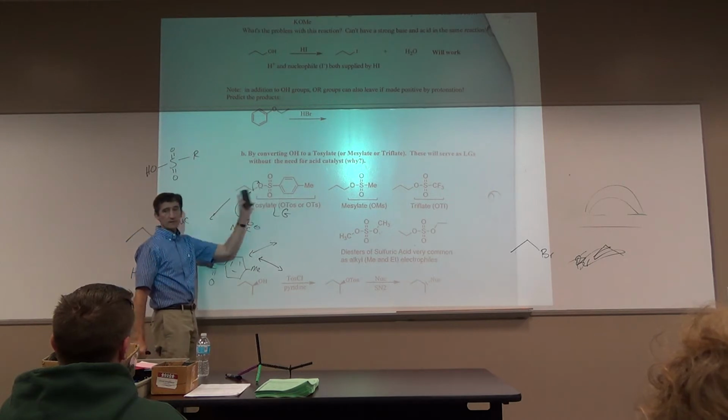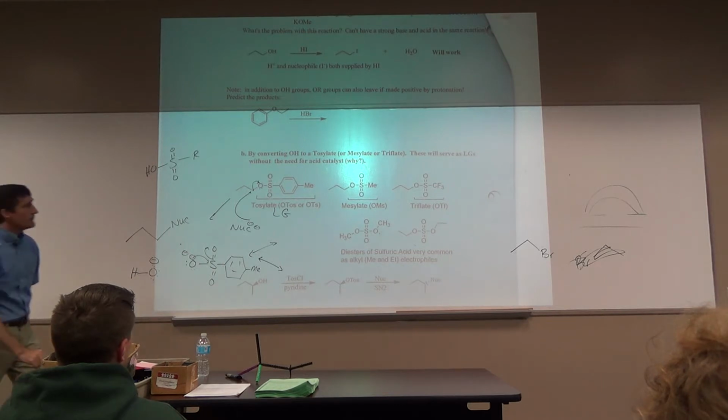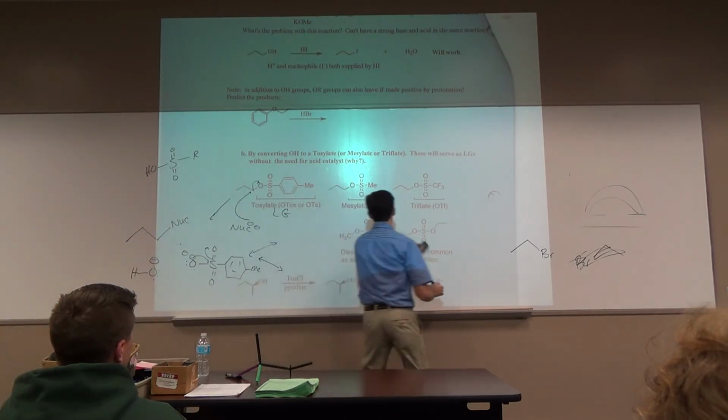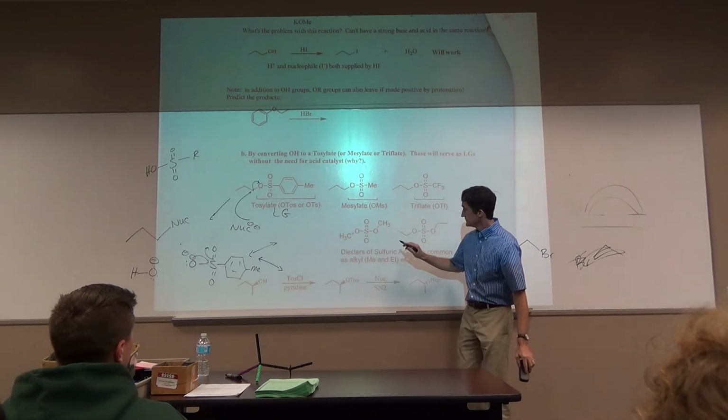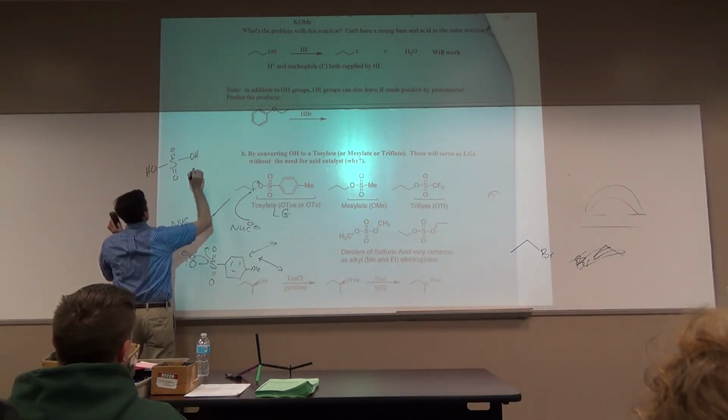The anion will serve as a leaving group without having to protonate it. Tosylate's a good leaving group. Those others are also. By the way, a couple of variations of this. We had sulfuric acid.